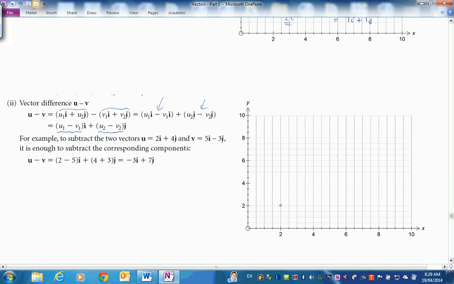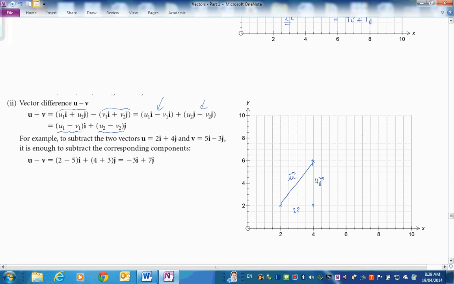Start here. 2i will take us to here, and 4j. This was 4j again. So that's our u vector, and then we want to take away v.